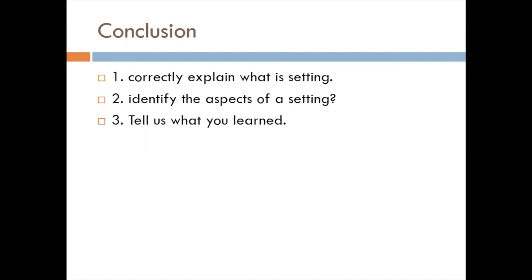You all learned a lot. So you correctly explained what setting is. And remember that when you're describing setting, you take a lot of things into consideration. For example, the place, the time, the culture, the time of day, and so forth. Also, remember that when you're describing setting or a scene, you try not to overwhelm yourself with too many descriptions or too many things to describe at one time.